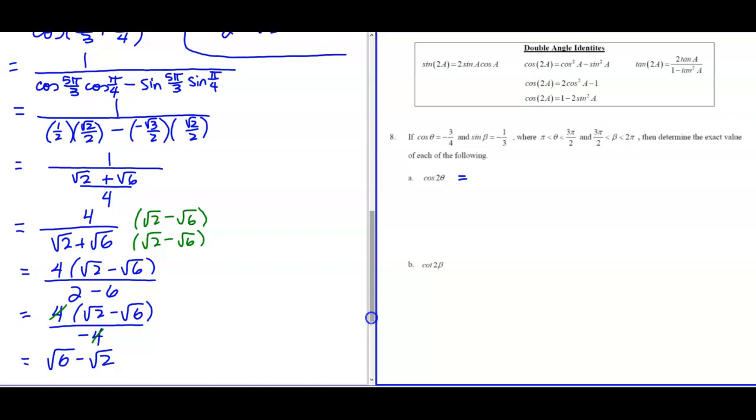All right. So this one doesn't really require too much work. Cos of 2 theta will be equal to 2 cos squared theta minus 1. And we know cos of theta is negative 3/4. So really it's just substitution.